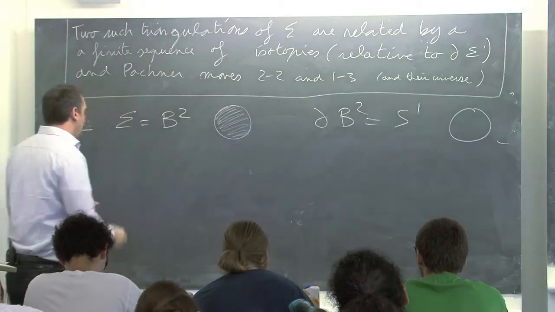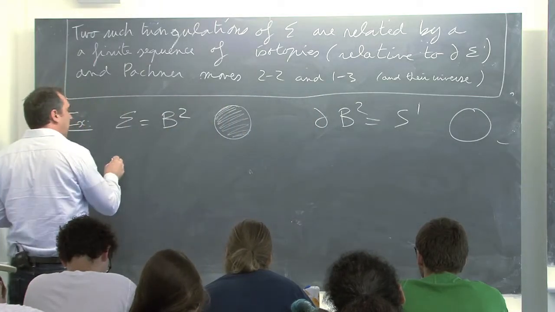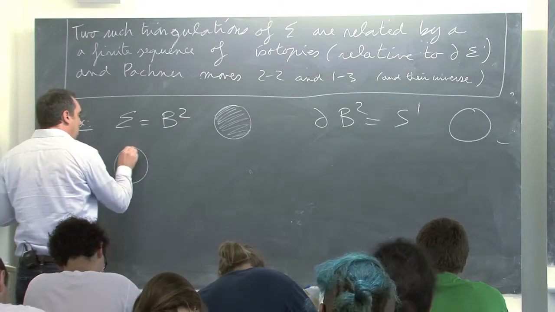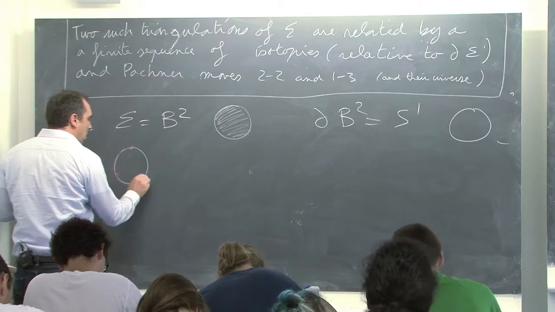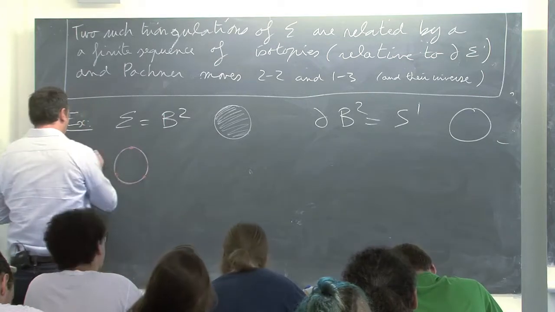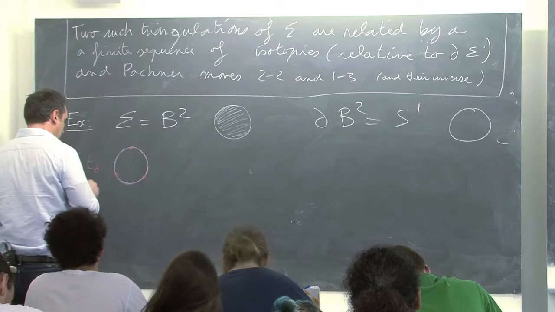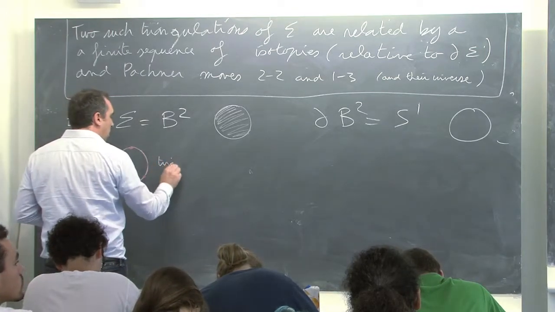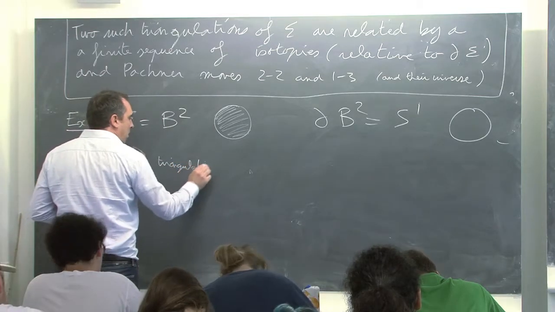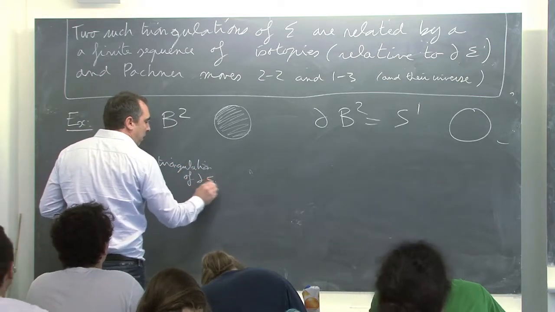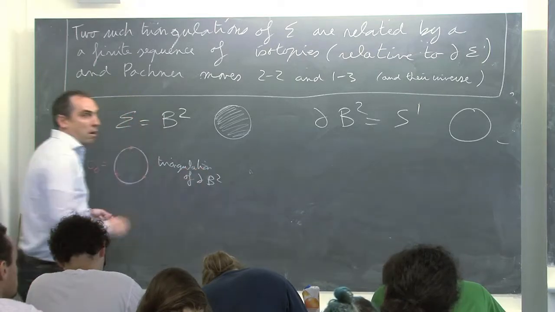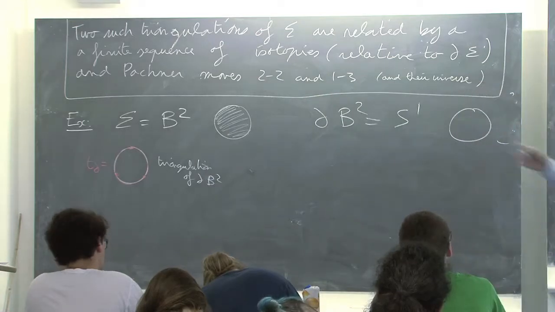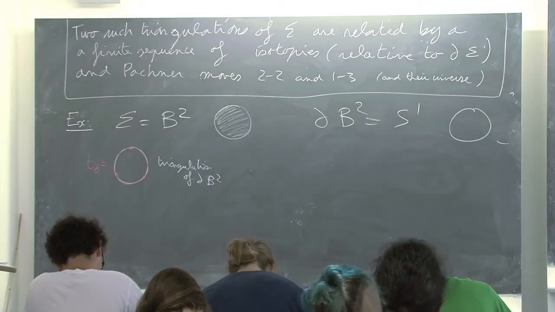Now, if I consider this triangulation of the circle, so T delta, a triangulation of the boundary of B2, I want to extend it to a triangulation of B2.